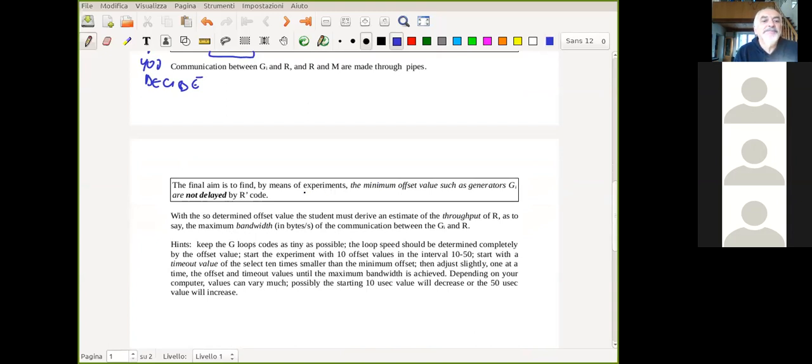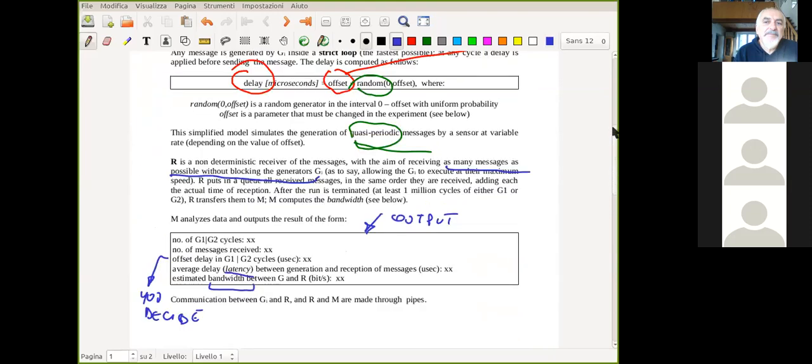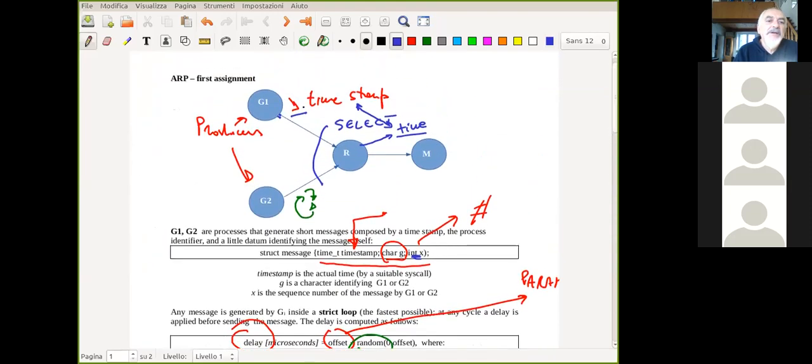The final aim is to find, by means of experiments, the minimum offset value such that generators G are not delayed by our code. Why delayed? Because if G is very fast, it produces data that are not consumed by R, so the speed of G is delayed.